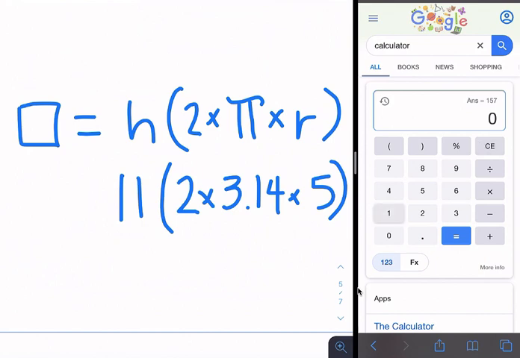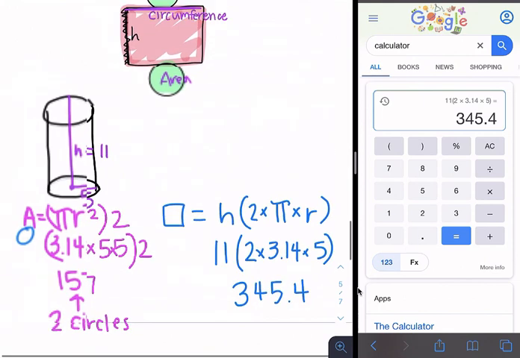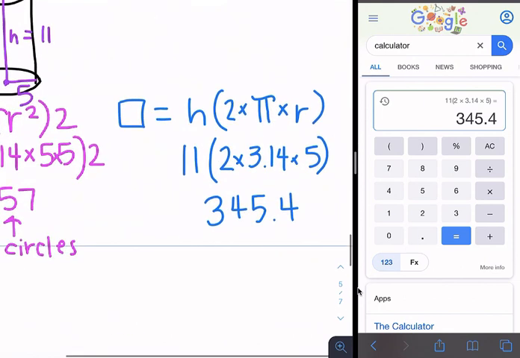So I'm going to do it like this. 11 times 2 times 3.14 times 5. And then I'm going to close my parentheses. And I get 345.4. So this was my rectangle.